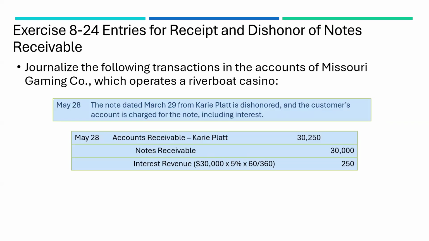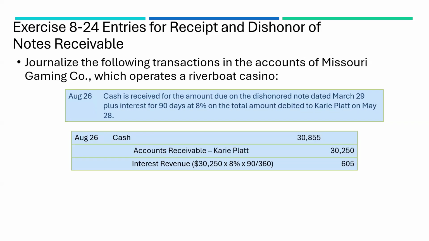They initially charged her 5% when she had a payment plan. She refused to pay it on May 28th for $30,250. After that, interest started accruing again at 8%. And then August 26th, 90 days later, they charge another $605 in interest.